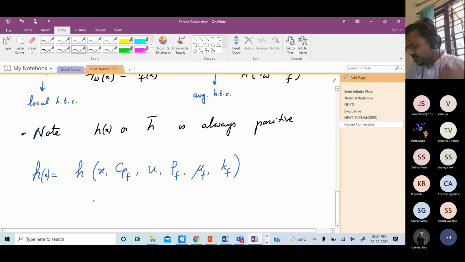primarily three categories. One is X, which is the length scale. Number two is U, which is fluid velocity.